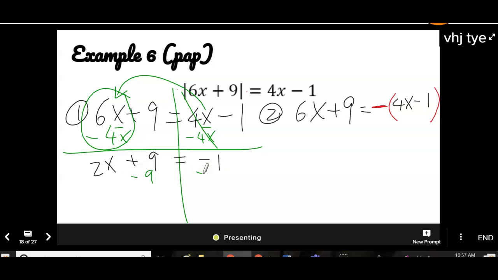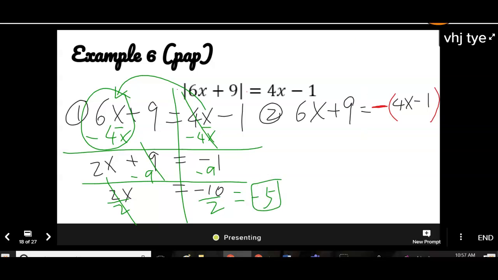Minus 9. And then divide by 2. So you have x equals negative 10 divided by 2 is negative 5.